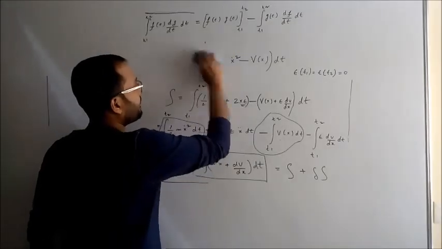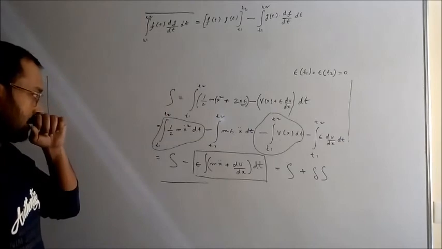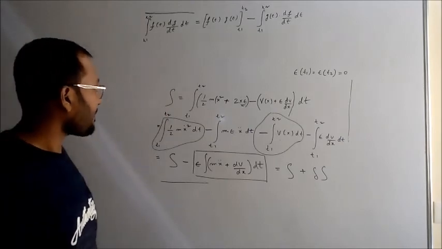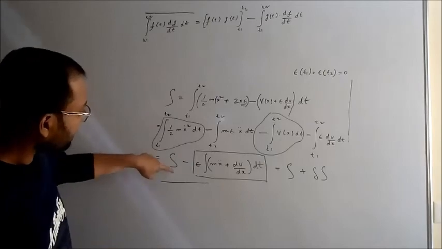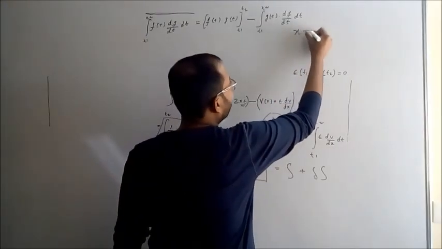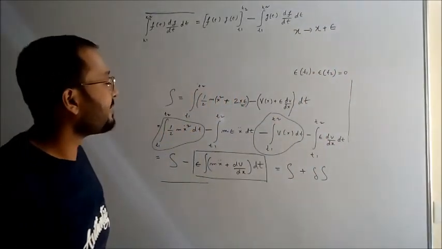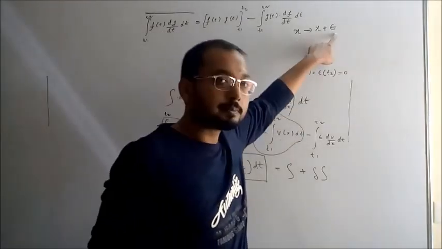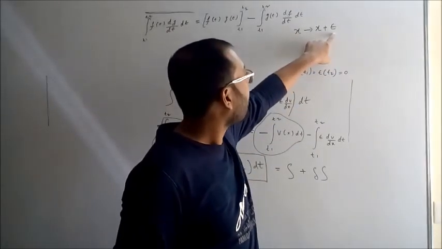So if I continue here, notice what I said. I said that I got back my original action plus something extra. Well, I got back my extra because my x wasn't x. My x had been shifted by an amount epsilon, and I had missed my correct path by an amount epsilon.